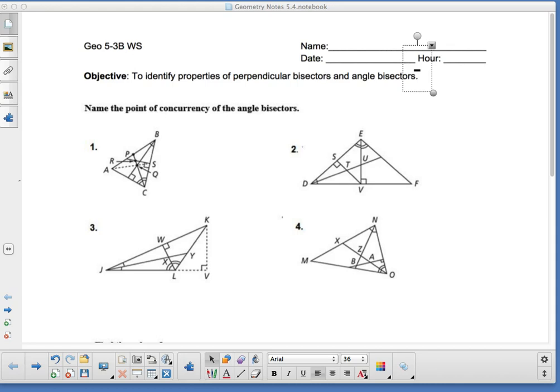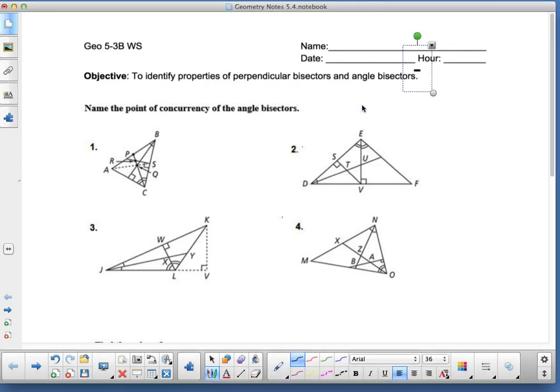Okay? Yes, Mr. Stroud. In 14? Well, you've got to think about it. If they're linear, how can I put a circle that goes through all 3 of them? I can't. It won't happen.